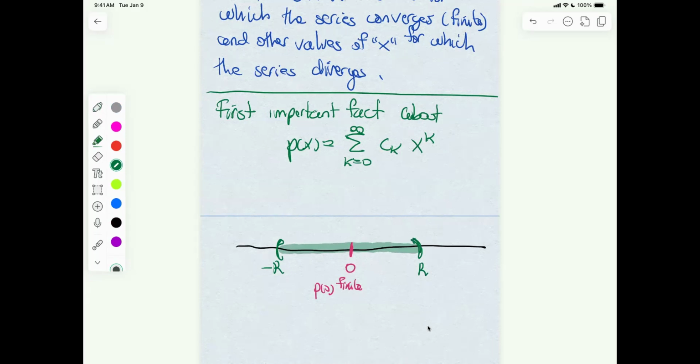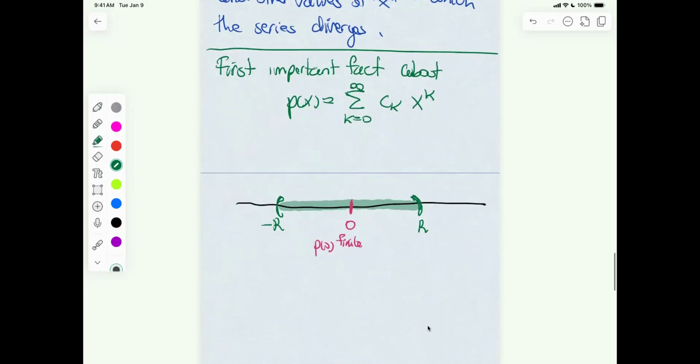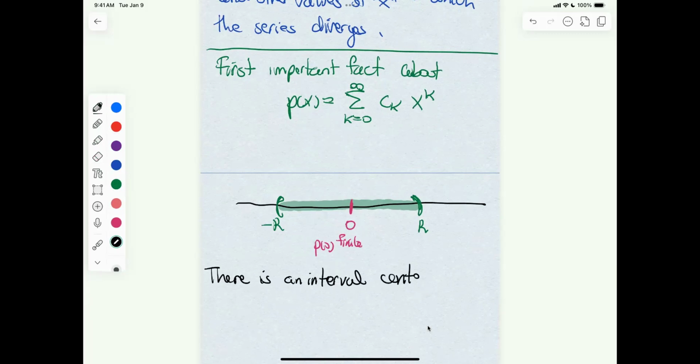So there is an interval centered at zero. By centered at zero, it just means zero is the midpoint of that interval. That's why I'm writing it from negative R to R.